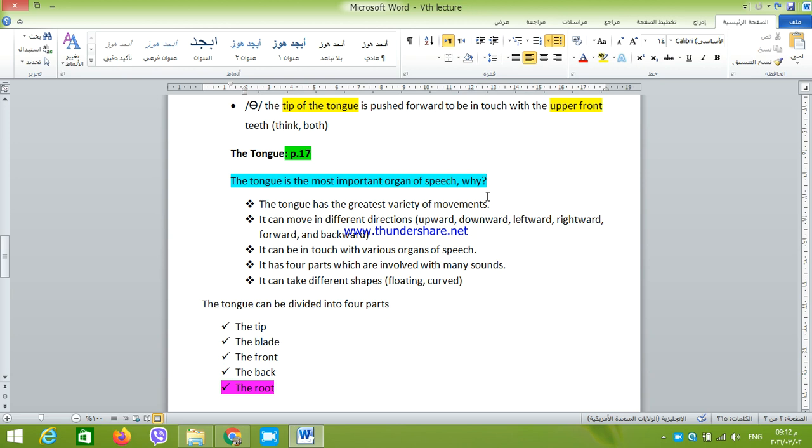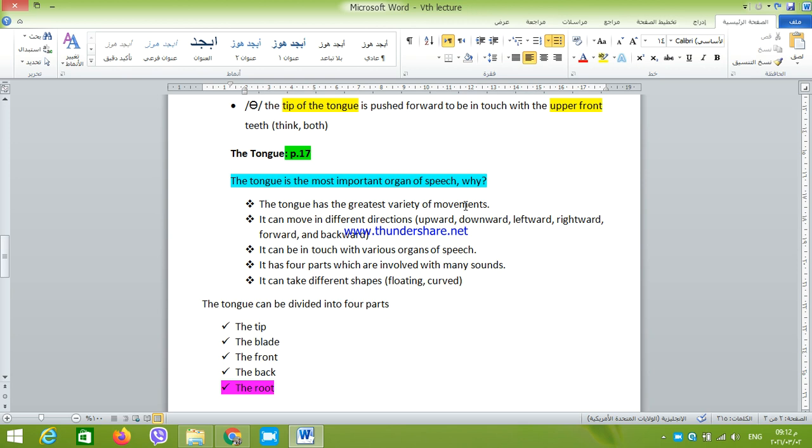The tongue is the most important organ of speech. It is more important than the soft palate, the vocal folds, the lips, and the teeth, because the tongue has the greatest variety of movements.